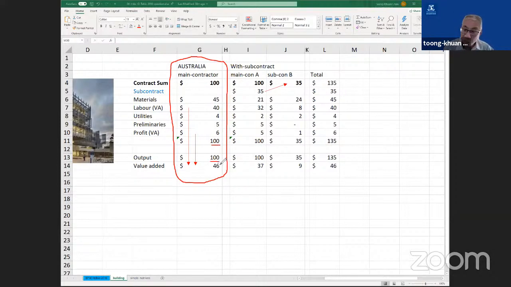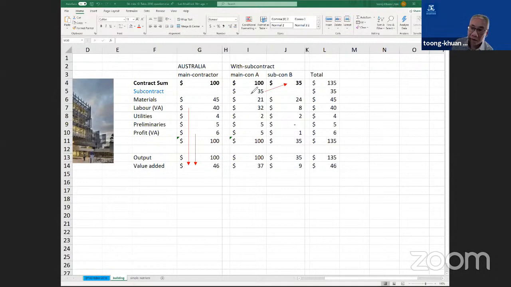Main contractor output is 100 million. Value add is 46 million. So it's 40 over here, which is the labor cost, plus profits, you get $46 million. Now, let's look at subcontract. Let's assume that this project started off with a $100 million contract sum.